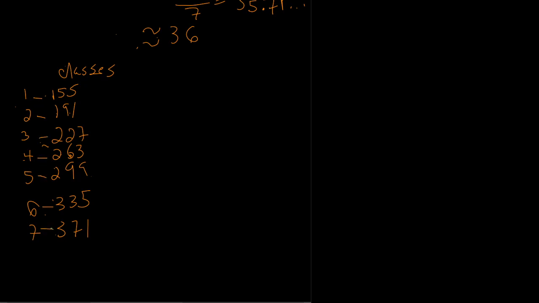When I write here, I want to keep my line steady. So my upper class limit, well, if I can't have a gap between these and they cannot overlap, the number this has to be is 190. And then in this one it has to be 226.